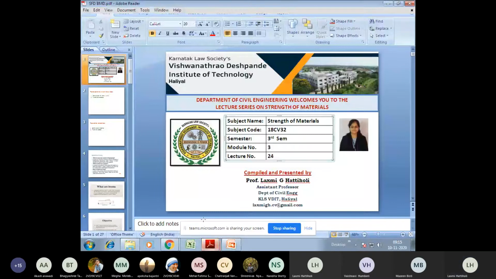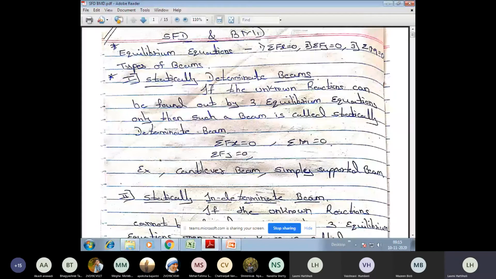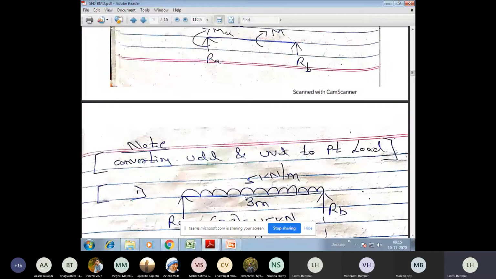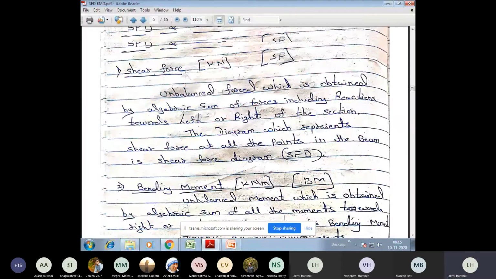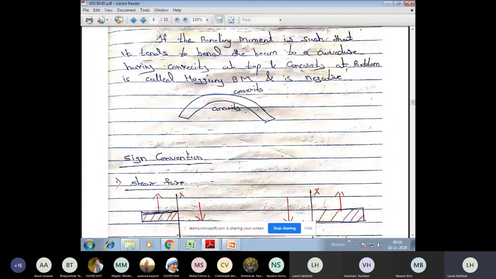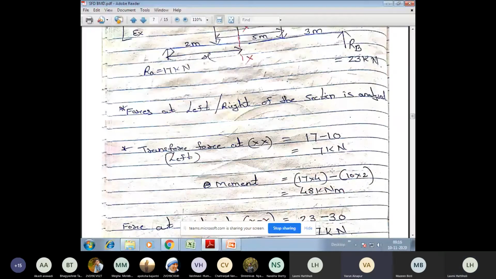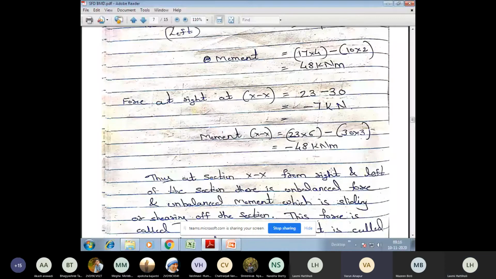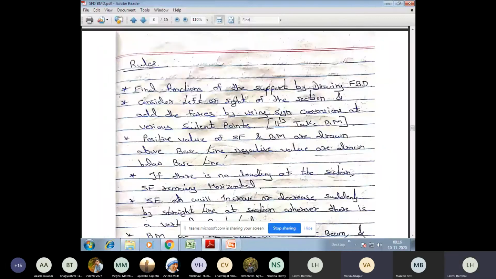Could anyone tell me what's the relationship between F and W, that is shear force and bending moment? Please mute yourself. Can I get the answer from somebody?